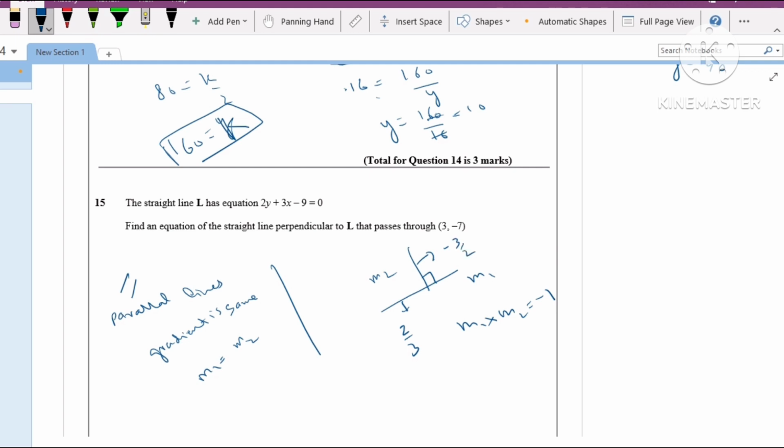Because it is positive, it becomes negative, and 2 over 3 becomes 3 over 2. It means if the gradient of the first line m1 is 2, the other gradient will be -1 over 2. If this is -3, this will be +1 over 3. If this is -2 over 7, this will be +7 over 2. So this is the relationship between two lines.